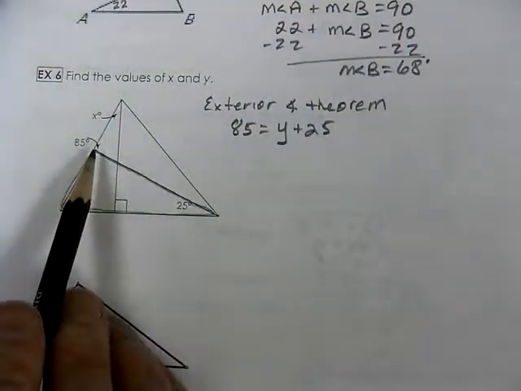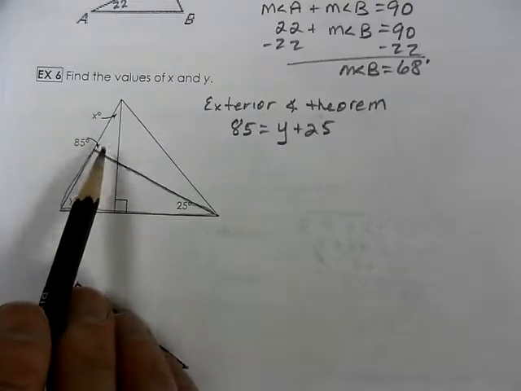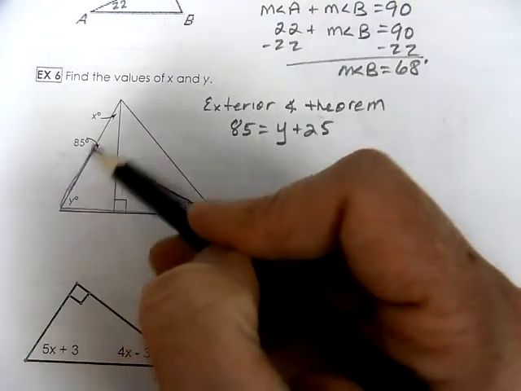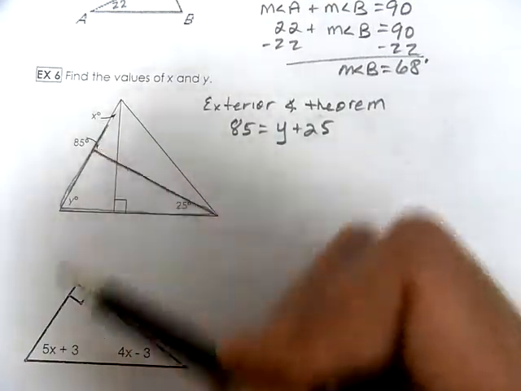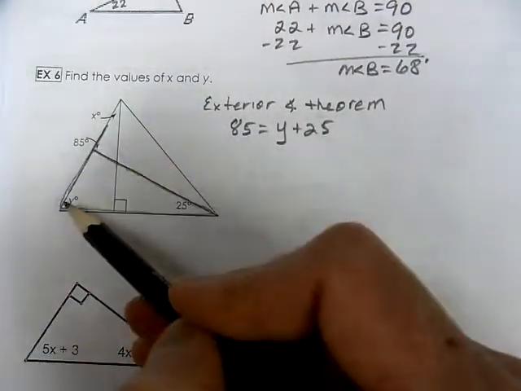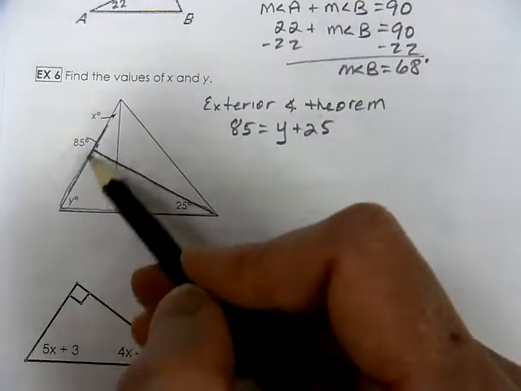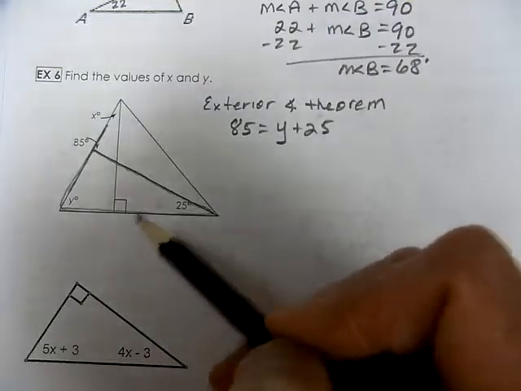That the exterior angle, the angle on the outside of the triangle, when you extend the side of the triangle, you make what's called an exterior angle. That's going to be equal to the two angles that are not right next to it, that are non-adjacent to it.